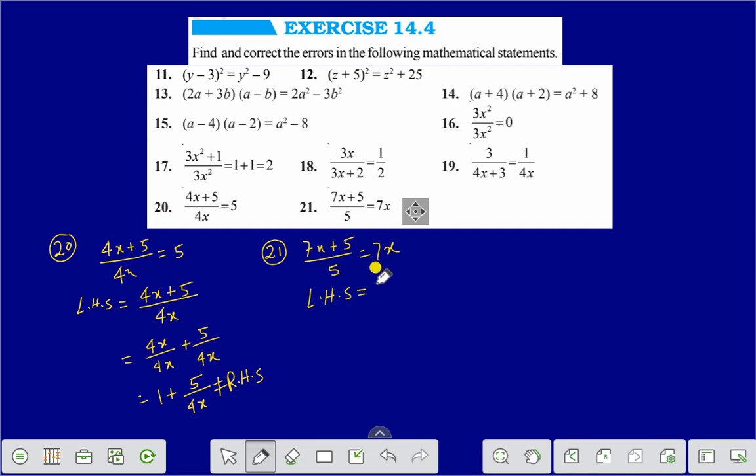If we find the left hand side, then we are getting 7x plus 5 divided by 5, or it can be written as 7x by 5 plus 5 by 5, or it can be written as 7x by 5 plus 1. This is the correct answer, and it is not equal to the right hand side. That is the error, because in the right hand side it is 7x, which is not the same as 7x by 5 plus 1.